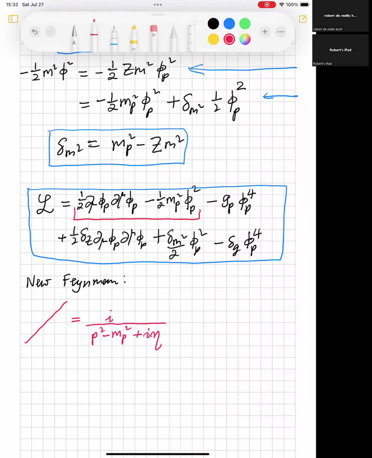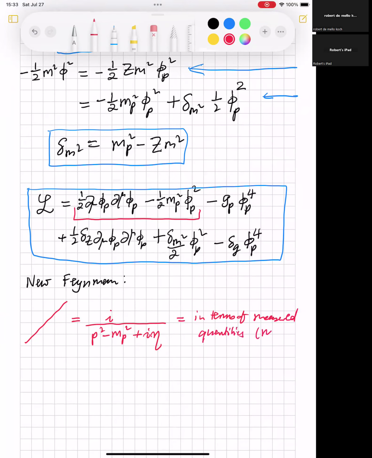And one thing that you notice about this is that this is written completely in terms of measured quantities. So what do I mean by that?